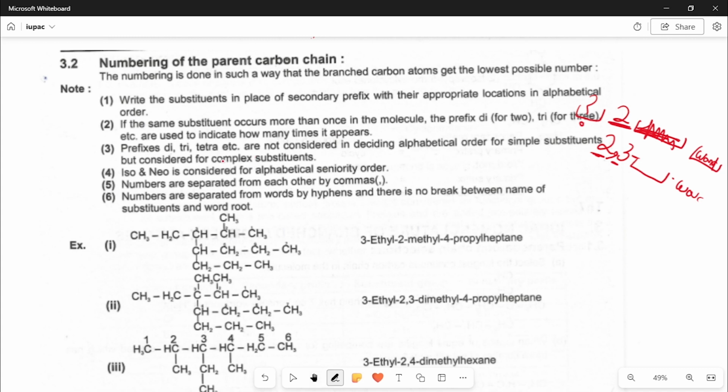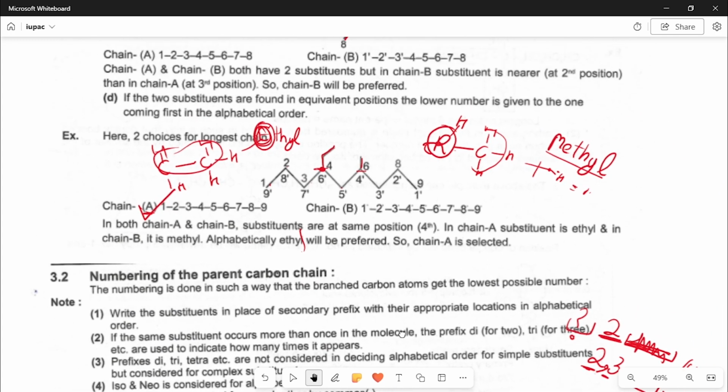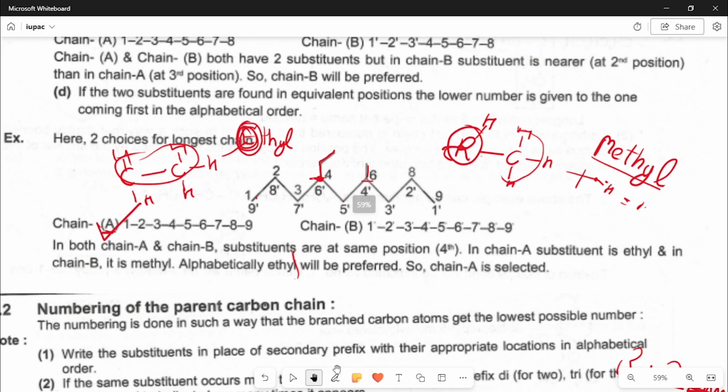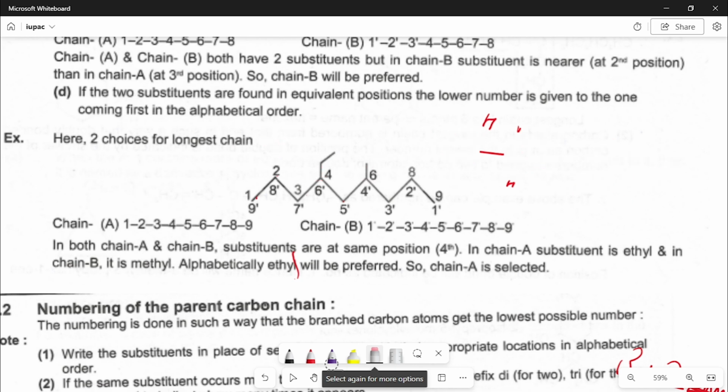This might be a bit confusing, but let me explain in a second. Let me erase it all. For example, here is ethyl. Imagine if there were two methyl, then it would be called dimethyl.